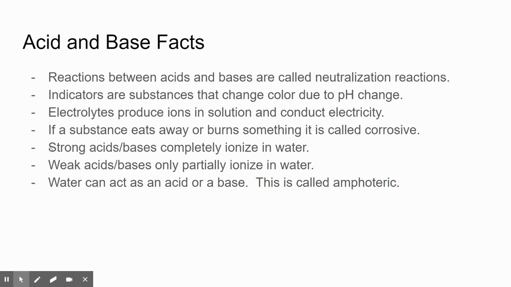There are really two types of acids and bases: strong and weak. Strong acids and bases we consider to completely ionize in water. It will not stay together; it will totally form the H plus and the cation and anion, basically. Weak acids and bases only partially ionize, so some of it will stay together in solution, and the rest will dissolve totally and turn to ions.